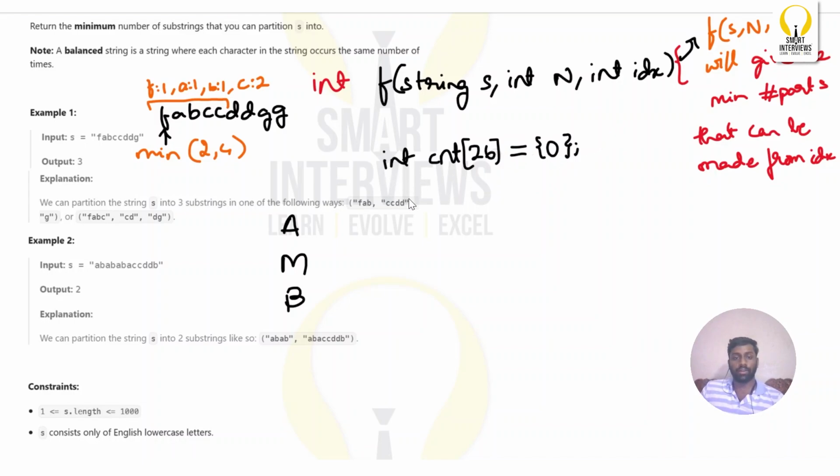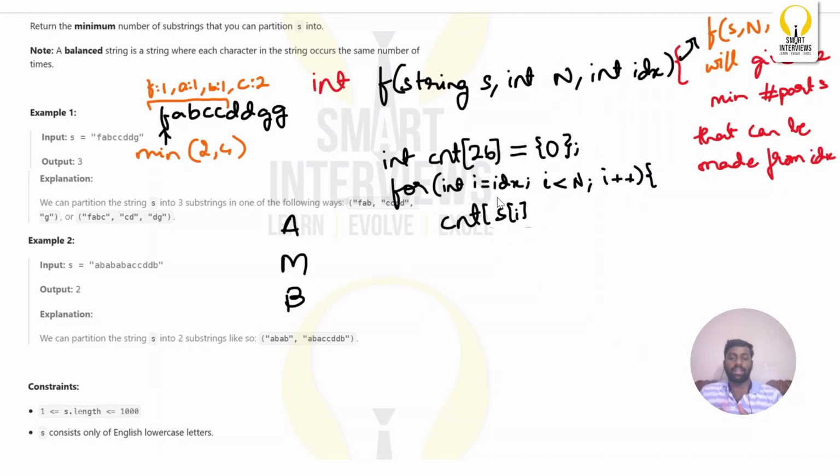Now I need to start iterating for int i equal to index. I can partition until the very end, i less than n, and I should be incrementing in each step. Index, and I can go until the last element. Firstly, I need to include the current character into my count array. So count of s of i.